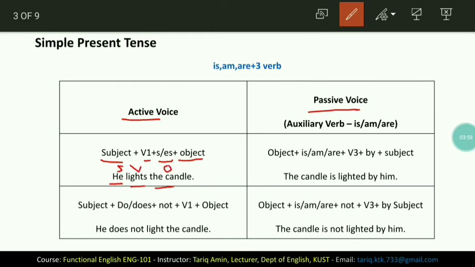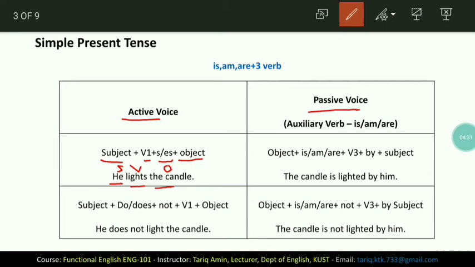In the previous video, we also discussed some of the steps of the conversion from active voice into passive voice. The very first step is to identify subject, verb, and object in the active voice sentence. He is subject, lights is verb, and the candle is object. After that, the second step was to change object into subject.